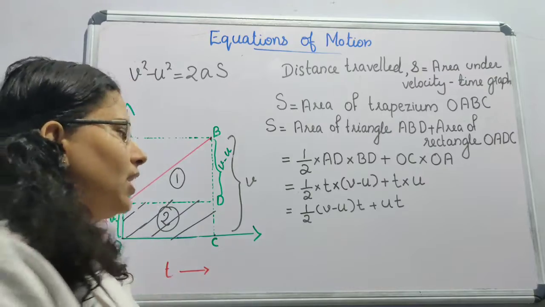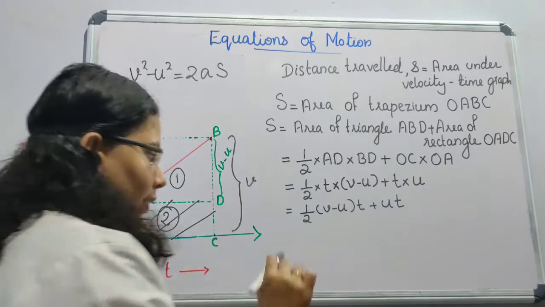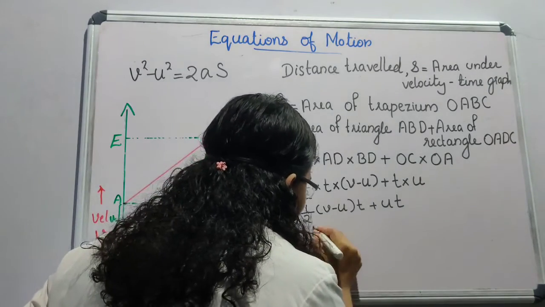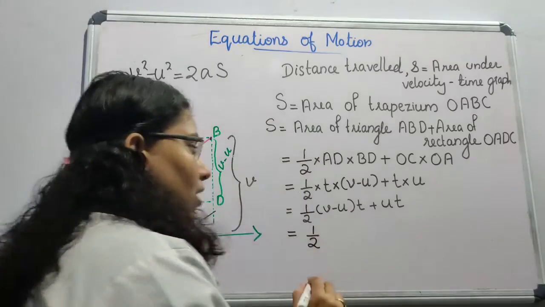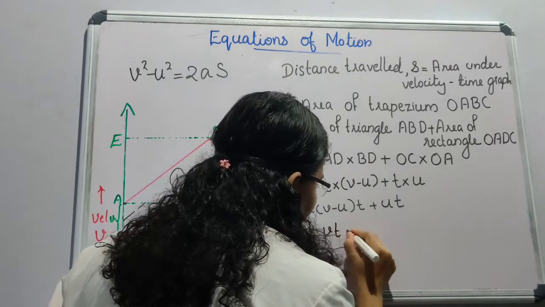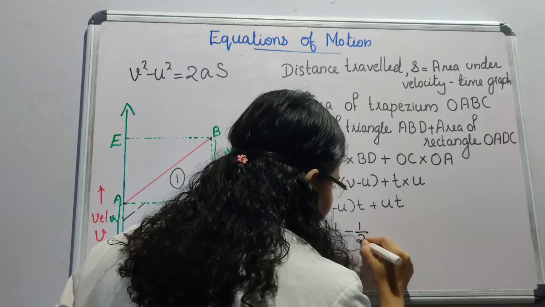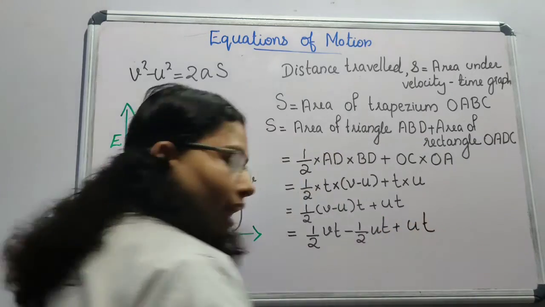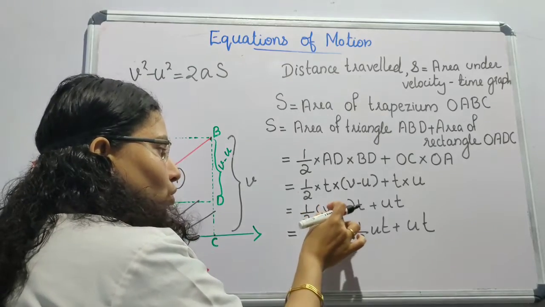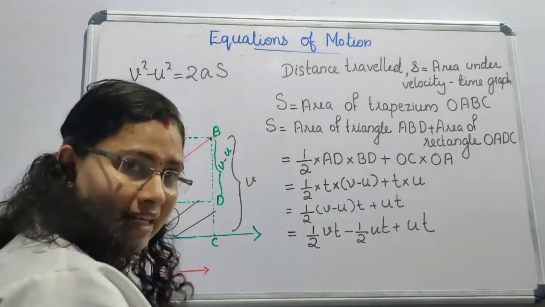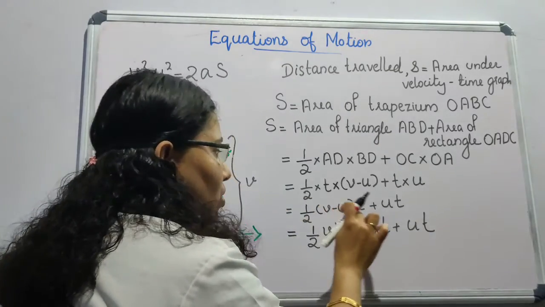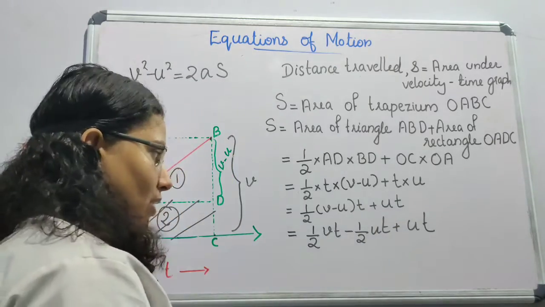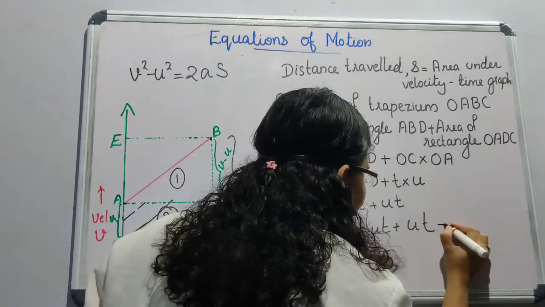Okay, so I am rearranging this equation now. Half into VT minus half into UT plus UT. Okay, half into V into T minus half into U into T plus UT. Okay, how can I write this?